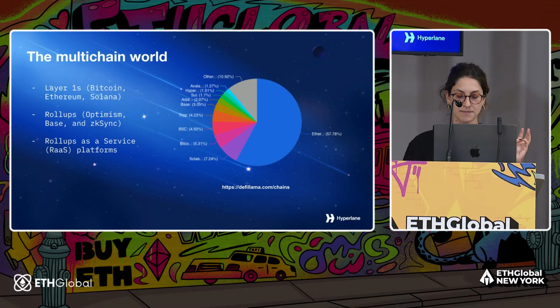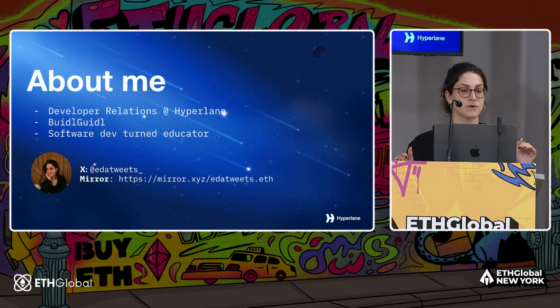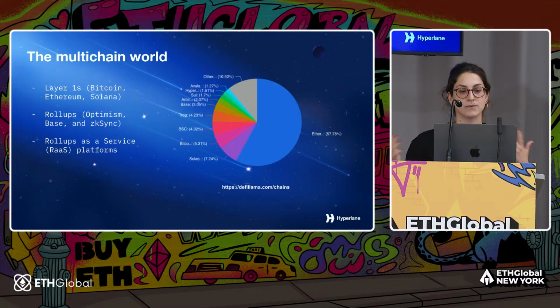To talk about Hyperlane: Hyperlane is a framework for building open interoperability applications. The way we look at the blockchain landscape today is that we live in a multi-chain world, with different layer 1 blockchains and different layer 2s.